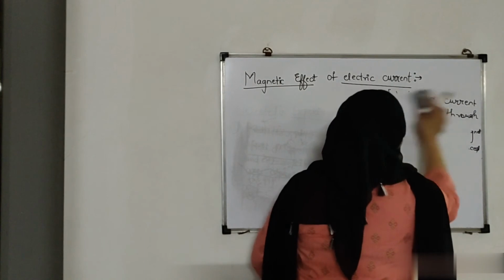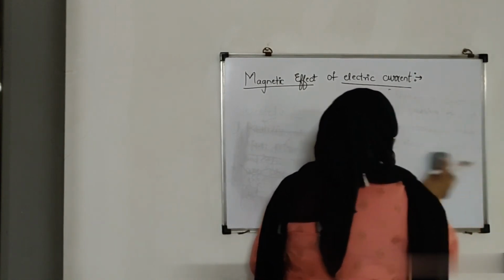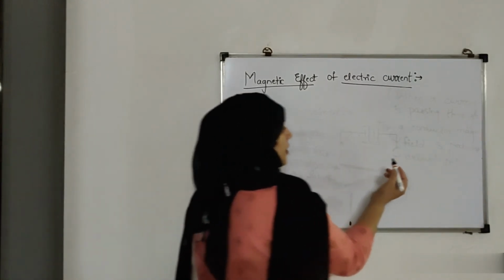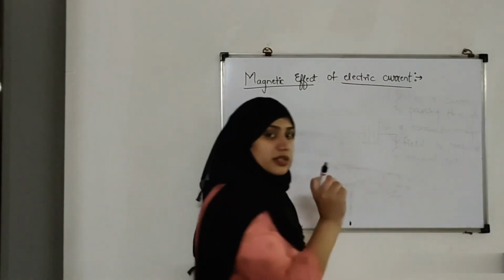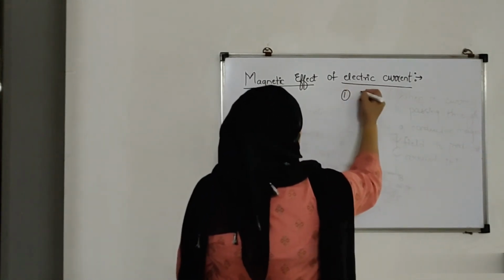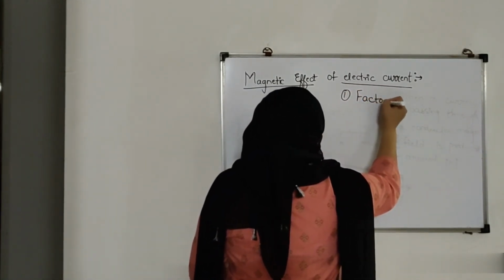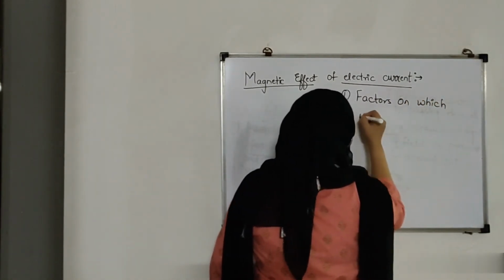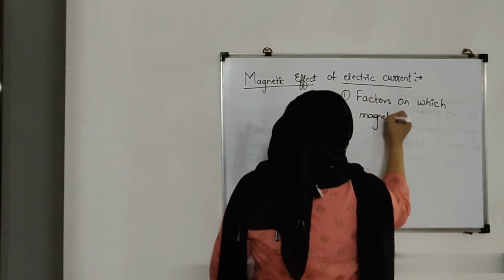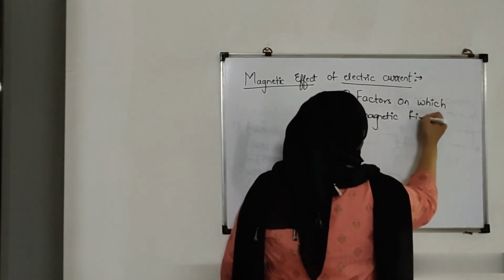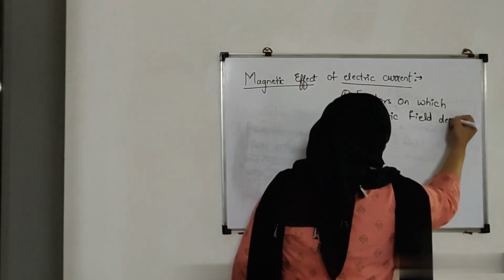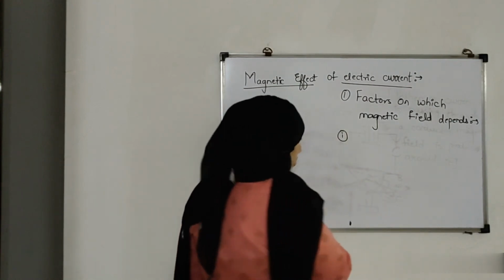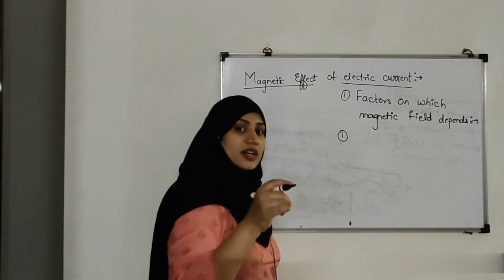See, the first factor is what? Whenever current is passing through a conductor, a magnetic field is produced. So the factors on which the magnetic field depends: first, the magnetic field is always proportional to the magnitude of the current in the conductor.